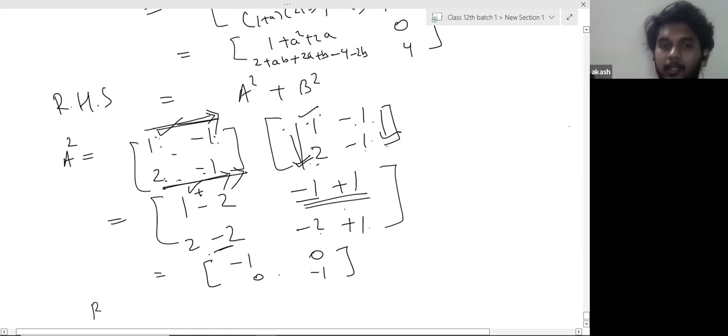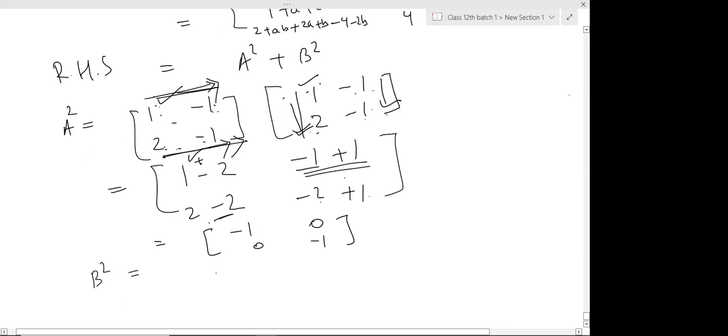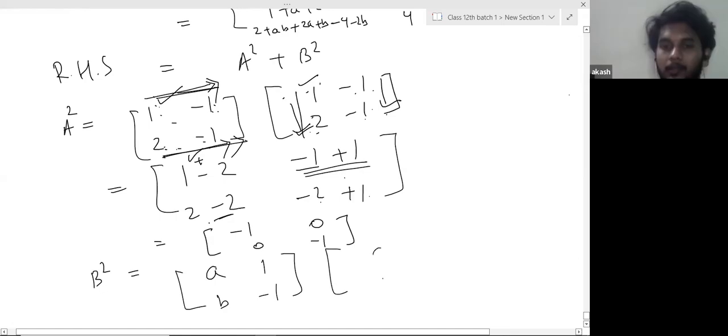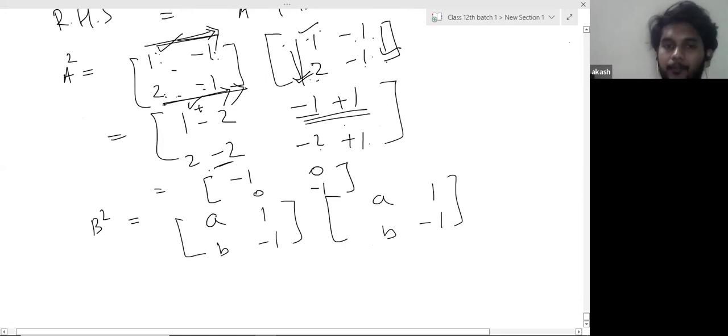Now, can anyone tell me what is B matrix? [a, b; 1, -1]. All right. So B square will be multiplication of the same matrix.